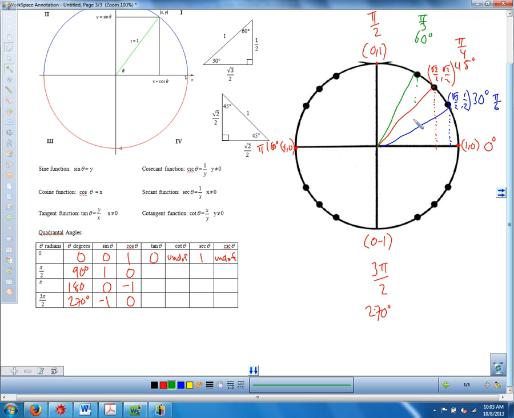And on this 30, 60, 90 triangle, the short side is 1/2, so the x is 1/2. The long side is square root of 3 over 2. So the sine of 60, the sine of pi over 3, is square root of 3 over 2. The cosine of 60, or the cosine of pi over 3, is 1/2.